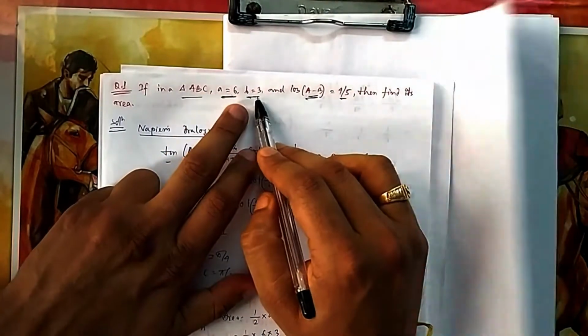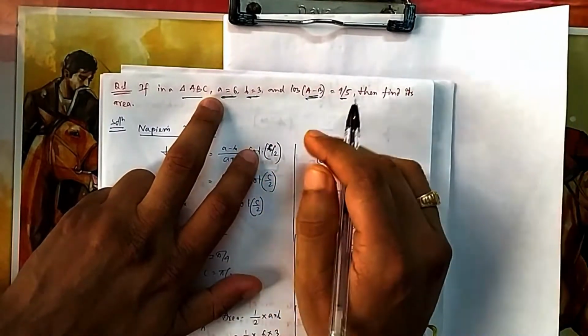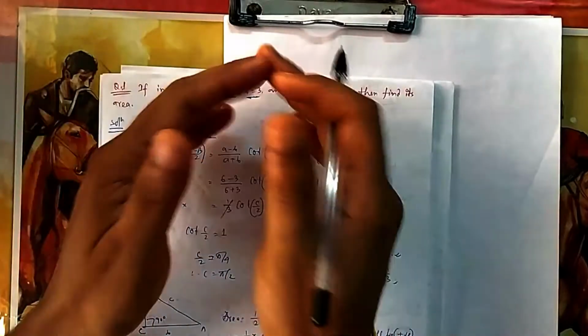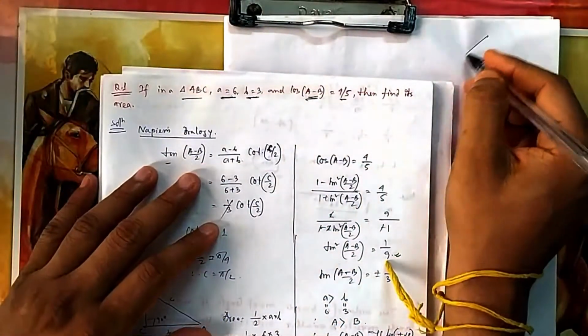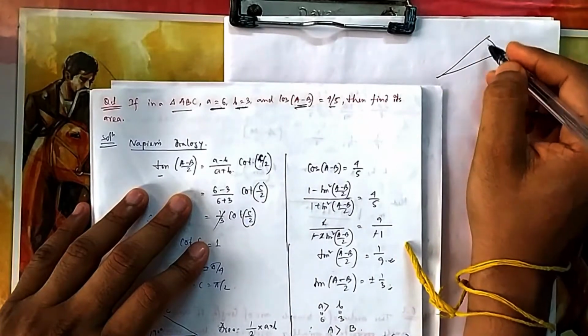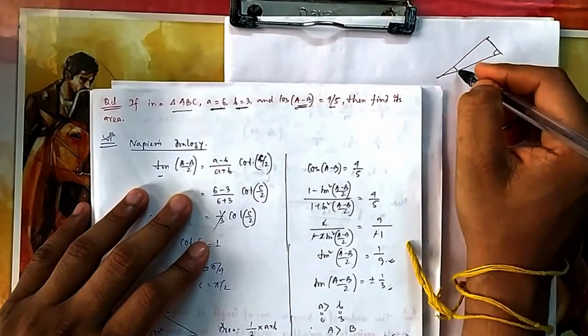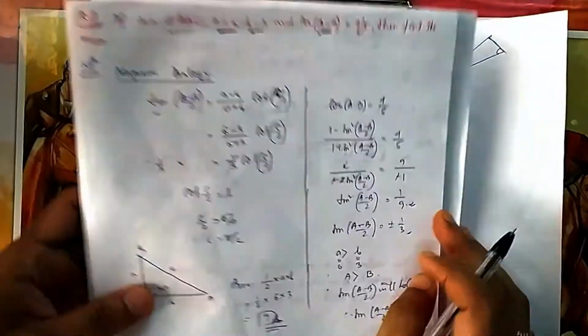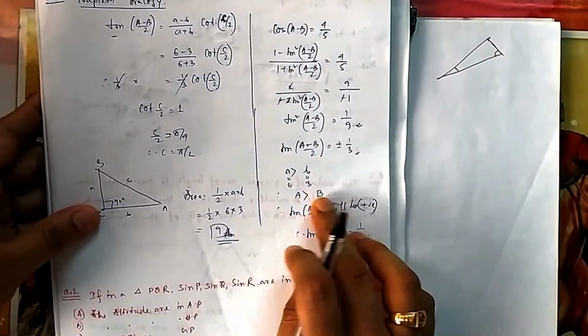If b is smaller than a, then angle B has to be smaller, because the greater side subtends a greater angle. More length, more angle. If the length is small, then the angle will be small. Therefore angle A will be greater than B because side a is greater.